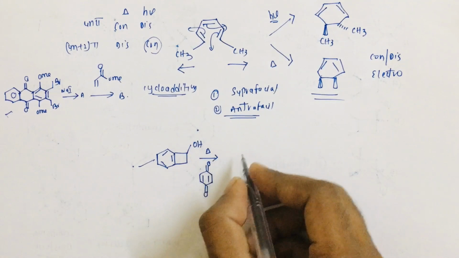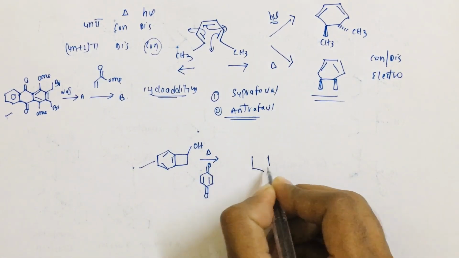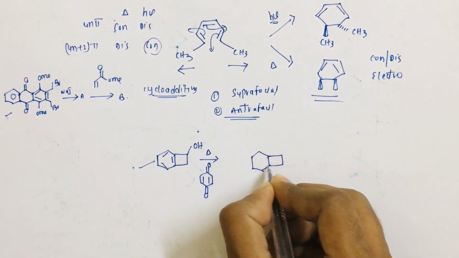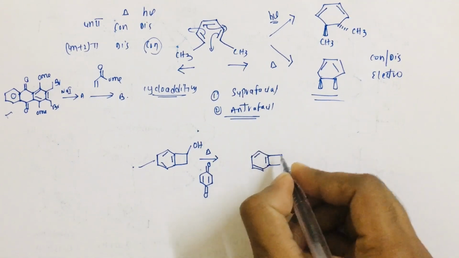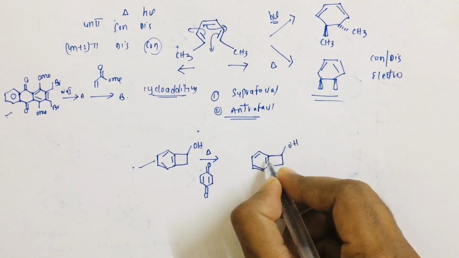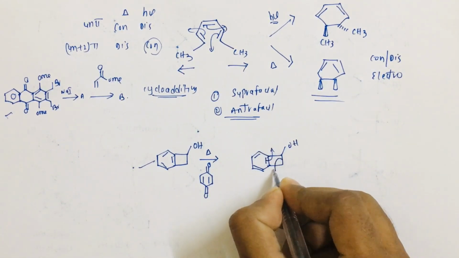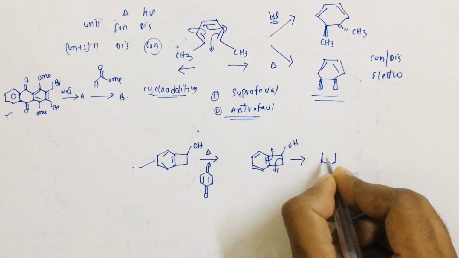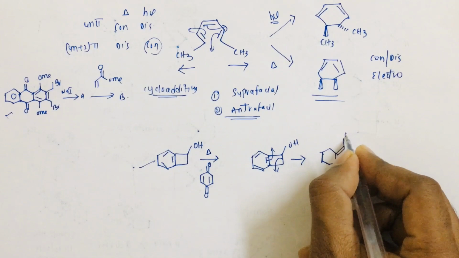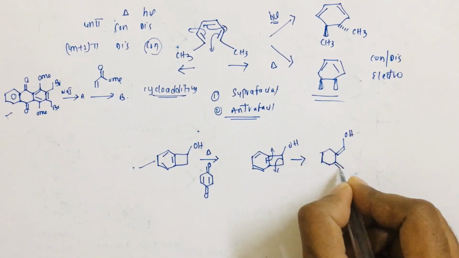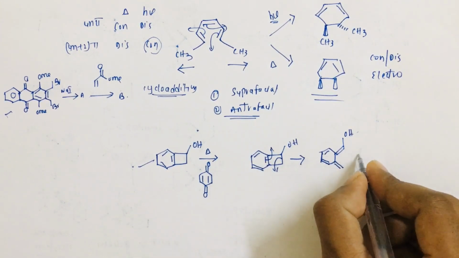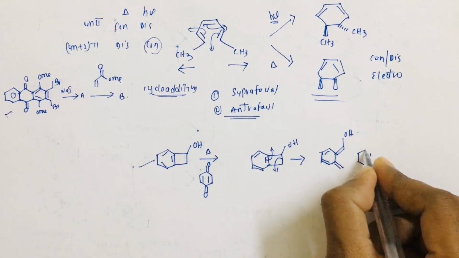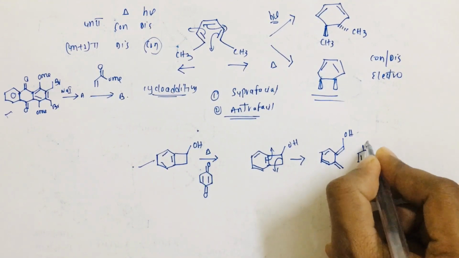So how does this reaction go here? OH, and this bond goes this way, and this bond comes here. Now it will become OH like this. And the second step is the cycloaddition reaction that we'll talk about tomorrow.